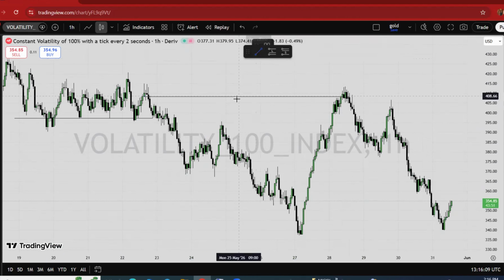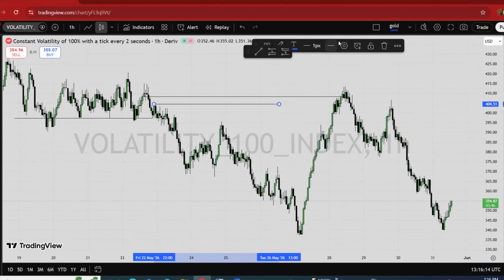Then we have our inducements, which we can also call liquidity, right?